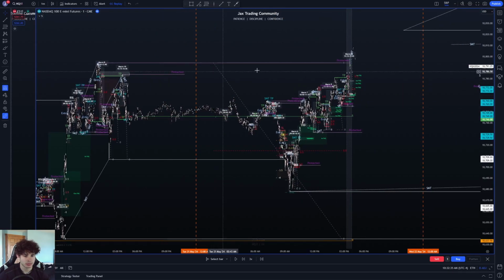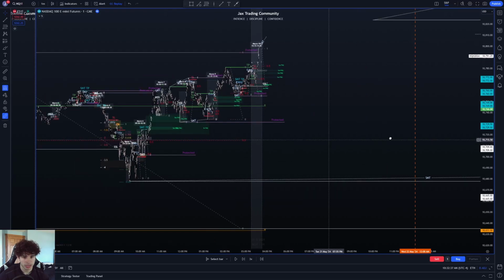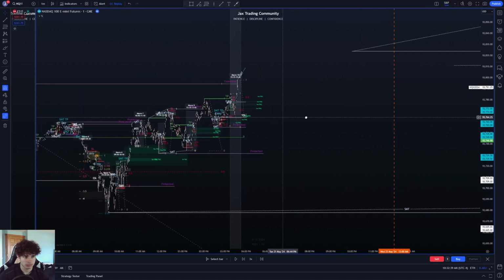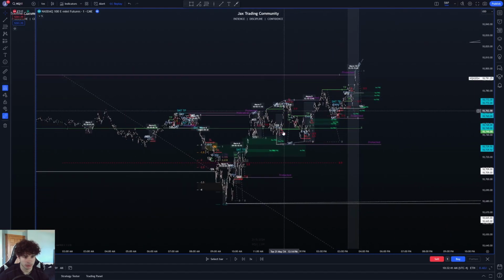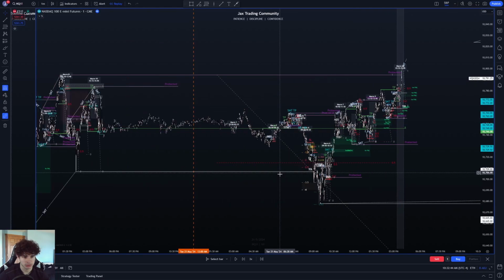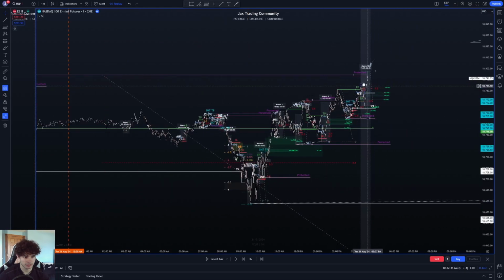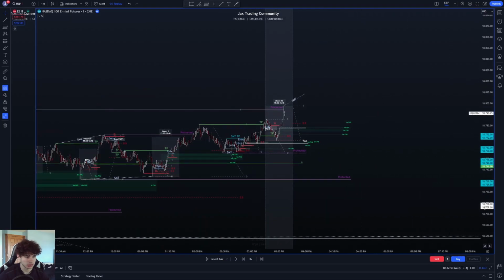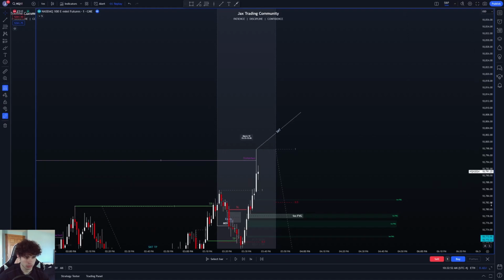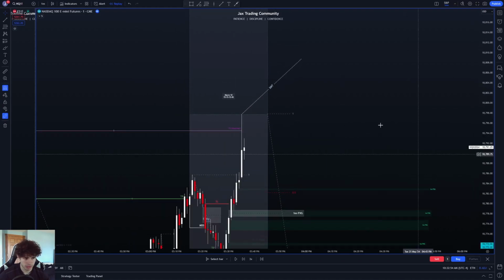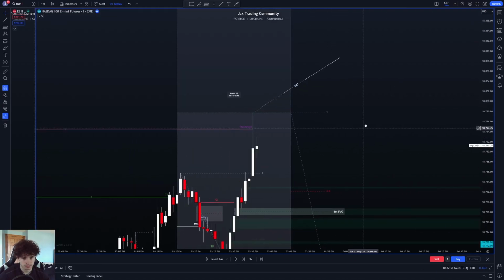This is a massive model, and inside this massive model, we have a bunch of other models, right? And this is what fractals are. One big fractal, inside that fractal, we have a bunch of other fractals. And that's exactly how the market works. It's like the Mandelbrot zoom equation. It's like fractals inside of fractals inside of fractals.